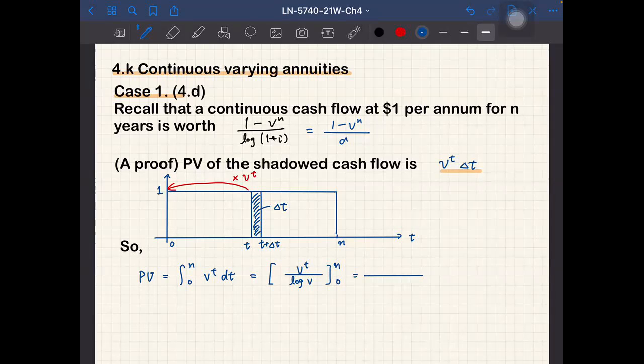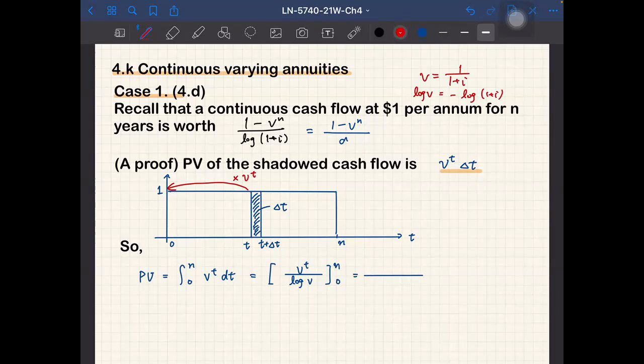Remember that v is equal to 1 over 1 plus i. So the log of v is equal to negative log of 1 plus i.